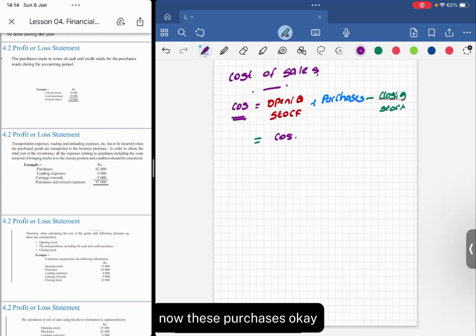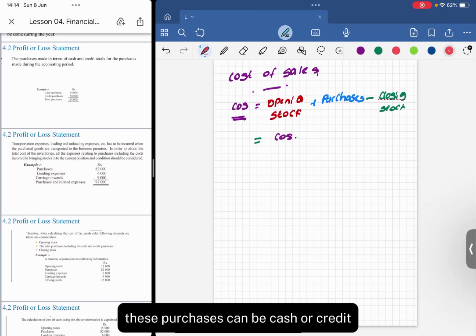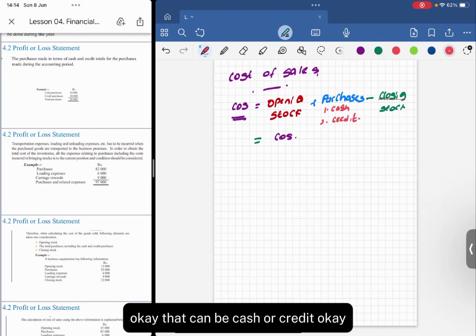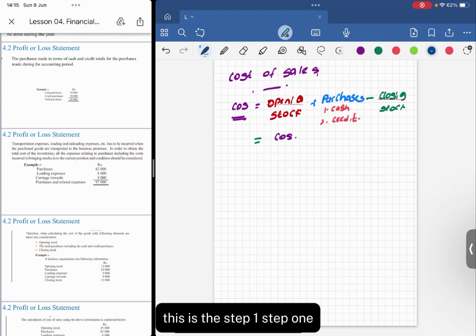Now these purchases can be cash or credit. This is step one.